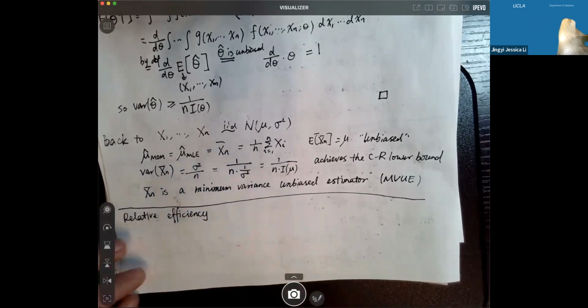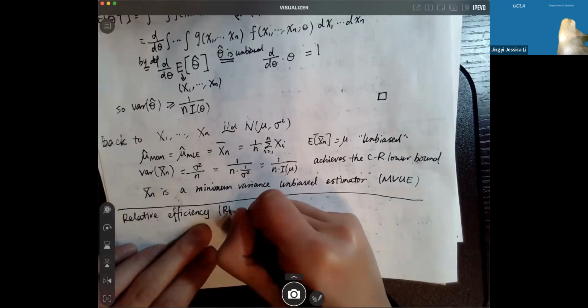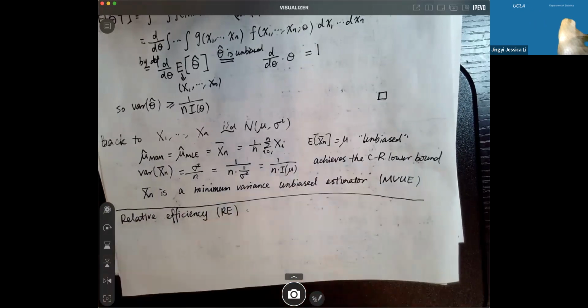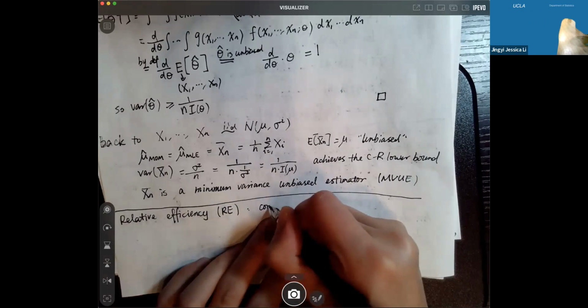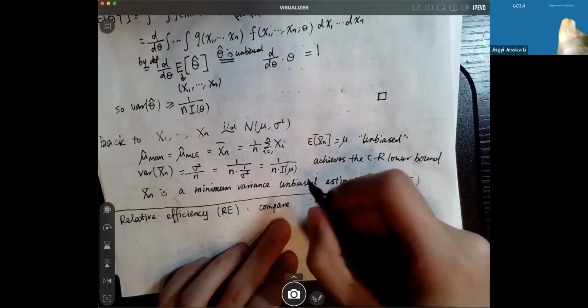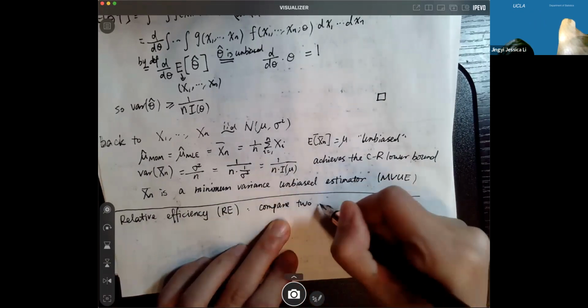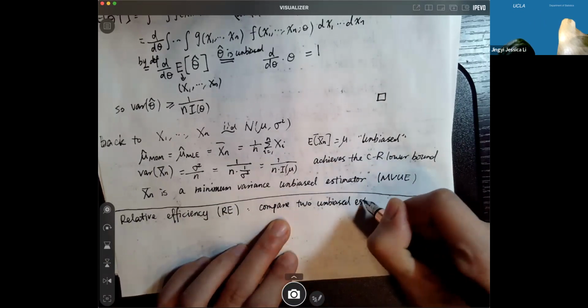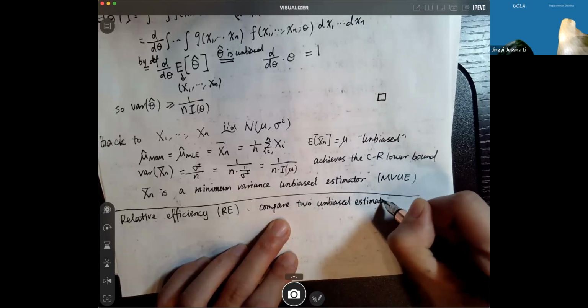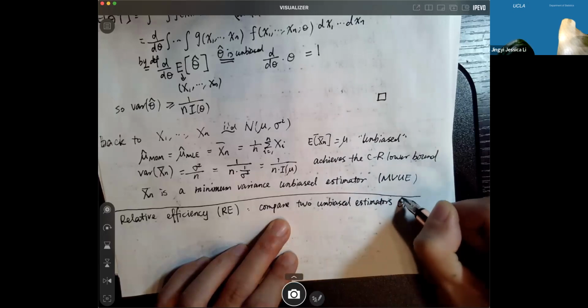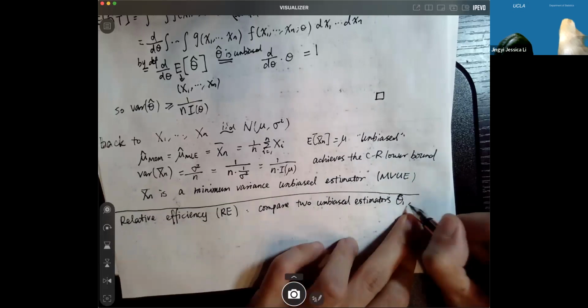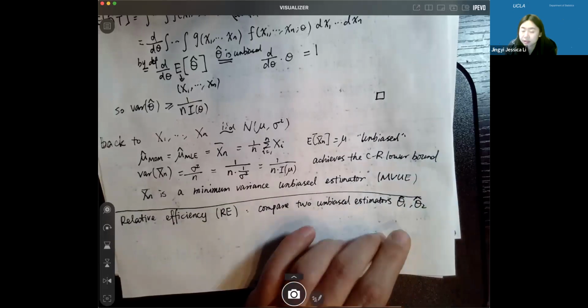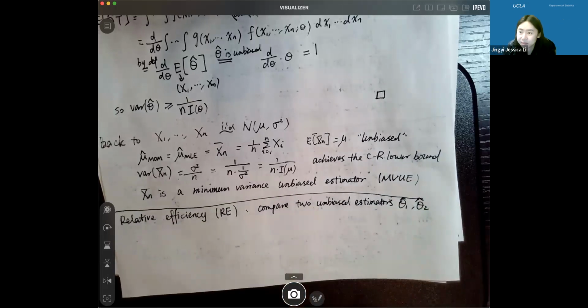Okay, relative efficiency, short as RE, is to compare two unbiased estimators, theta 1 hat and theta 2 hat. So they both estimate the same theta. Okay, they are the same parameters, two estimators.